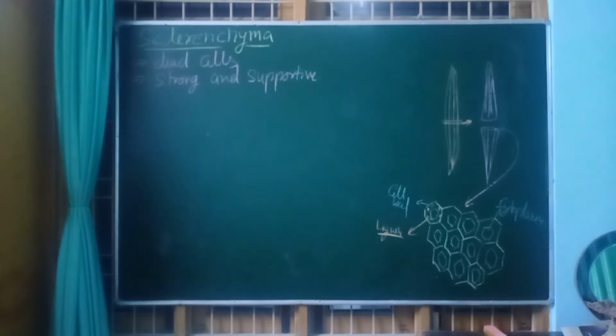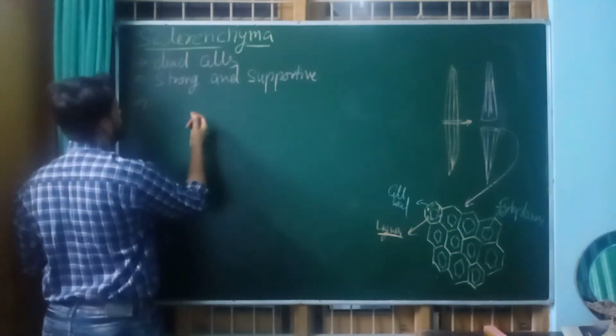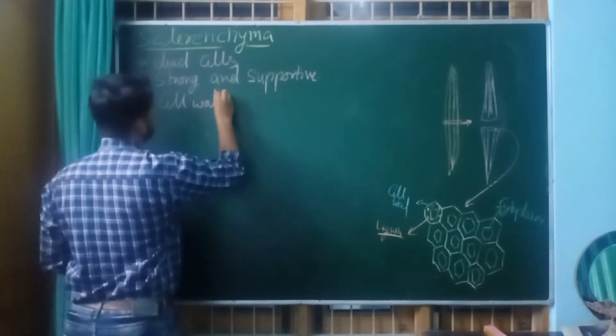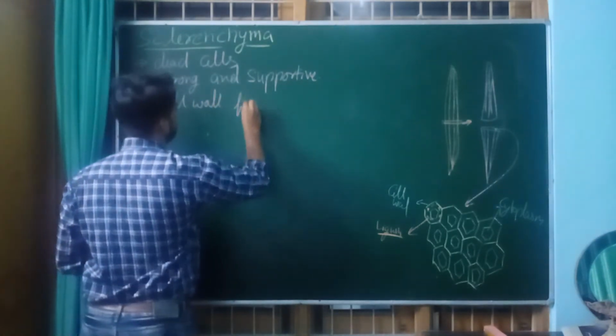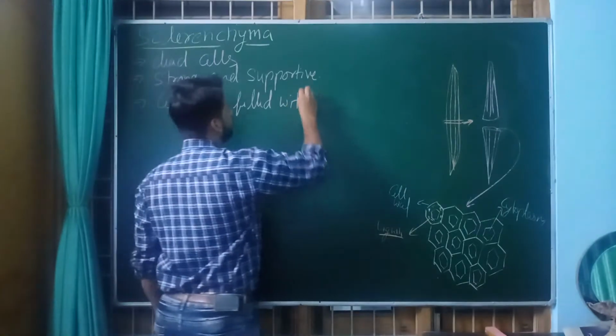Got it? Now here we can write where these cells are located. The cell walls are filled with lignin.